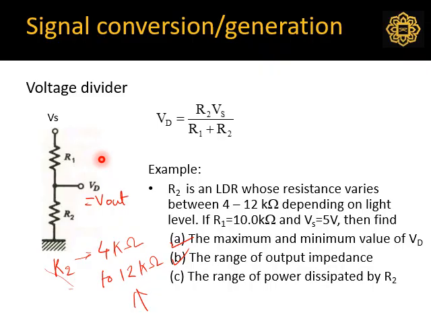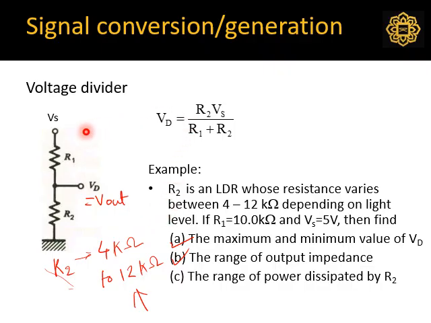For example, an LDR also can be used for measuring the resistance change due to the change in light intensity. So we can use these to measure the amount of light present in a certain room.